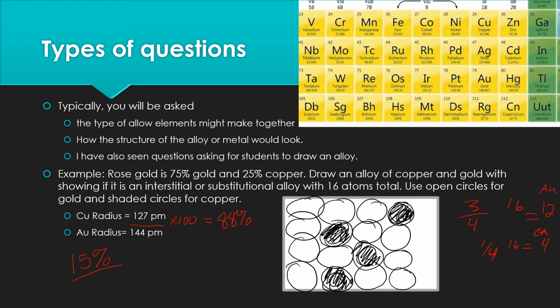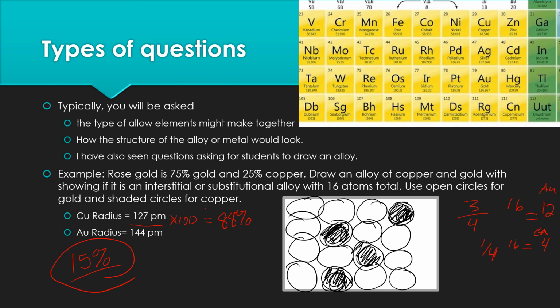So again, we want no more than 15% difference in the atoms' radius. An easy way of doing that is dividing the radii if those are given. If you're not given radii, I'd say that within the same row, or within 2 rows of each other on the periodic table, they're going to be pretty similar in size.